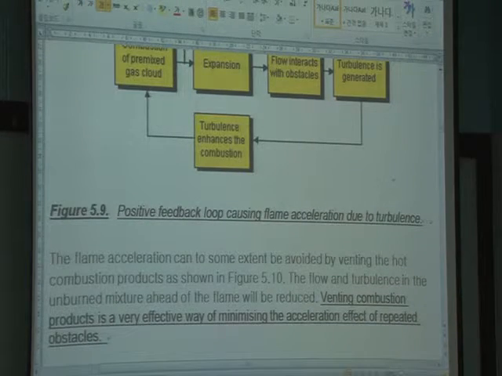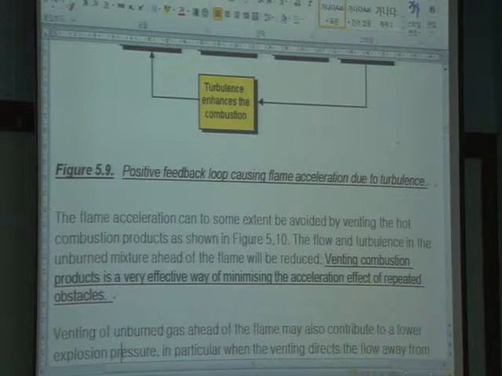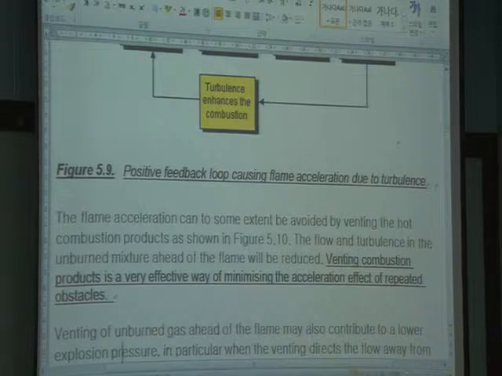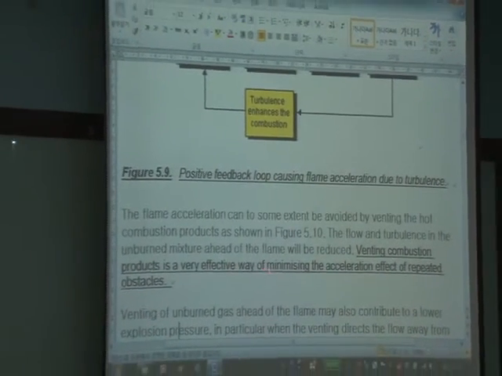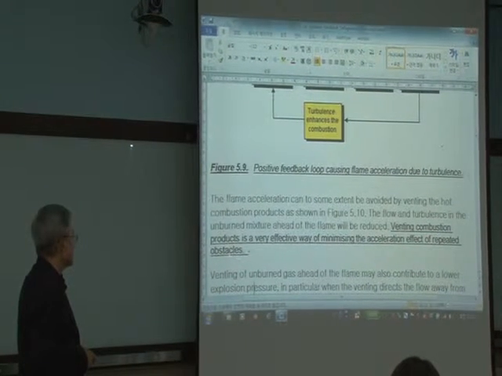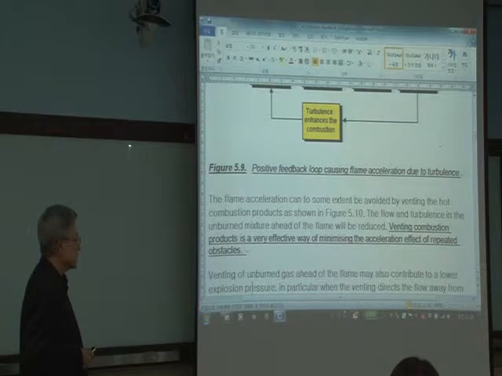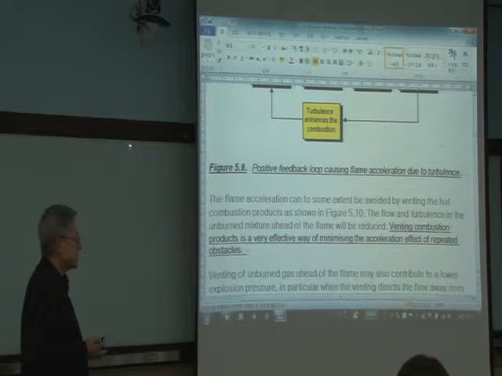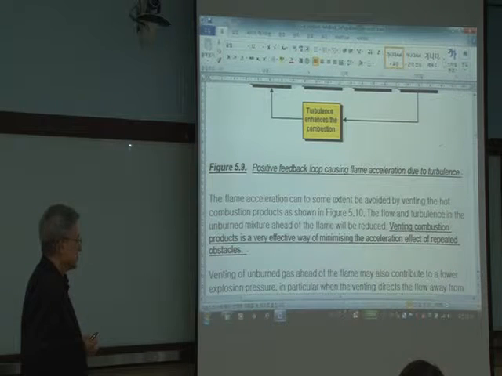Some good feedback. So venting combustion product is a very effective way of minimizing the acceleration effect of repeated obstacles. Obstacles will increase the pressure because of the generation of the turbulence.